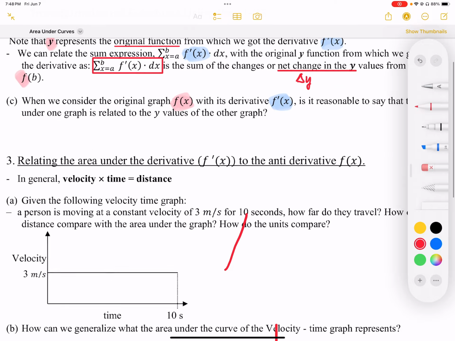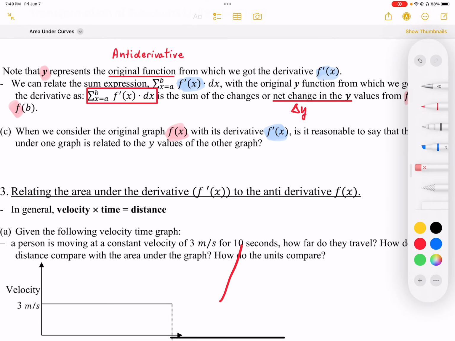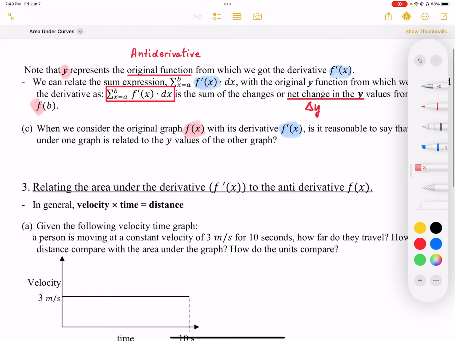So if we take a look at the next part here, because the y represents the antiderivative, or the original function where we actually generated our f prime function, we can relate this area under the f prime graph.